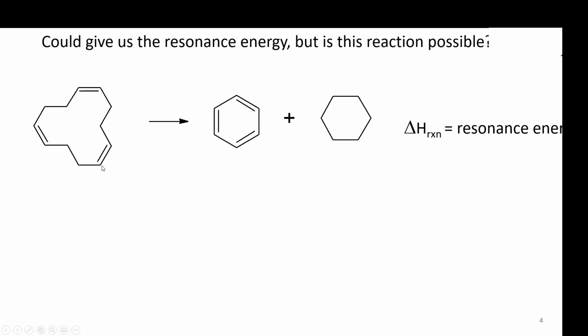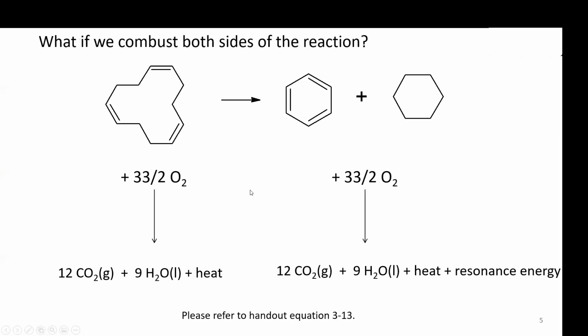One way to do that is to have TTCC burn in oxygen, have benzene burn in oxygen and have cyclohexane burn in oxygen. Will they have the same product or the same final state? So let's look at that. TTCC will consume this much oxygen, and then eventually it becomes 12 carbon dioxide plus 9 water and heat. And for this one, it's the same.